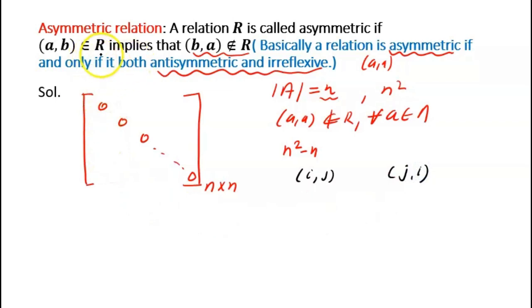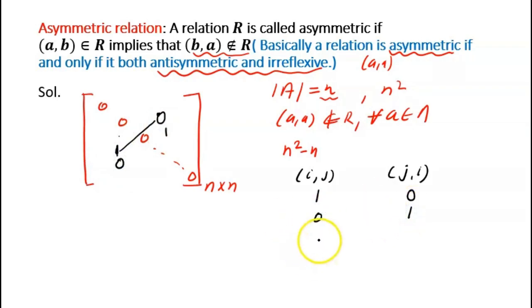In case of asymmetric relation also, if the ijth element is present, suppose I say this is the i,j element, then the j,i element should be 0. If this is a 1, then this must be a 0, meaning there must be a 1 0 pair. Another possibility is that if there is a 0 over here, then there should be a 1 over here. That is also a possibility, right?